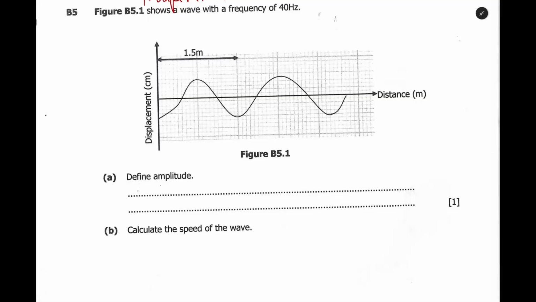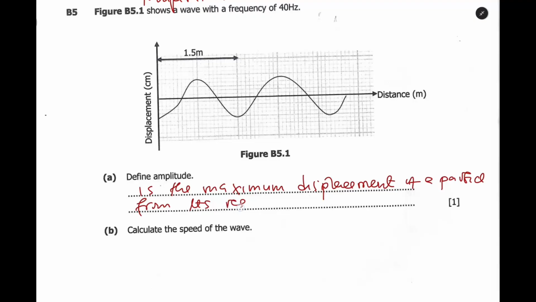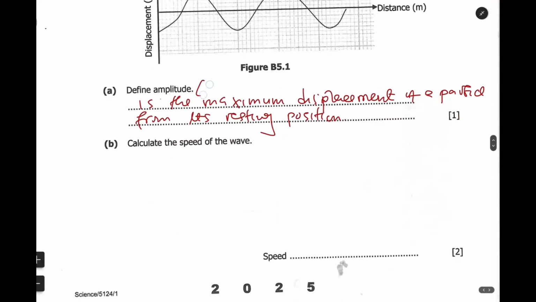The amplitude is the maximum displacement of a particle from its resting position. That is what we call an amplitude, and of course it is denoted by A, measured in meters.